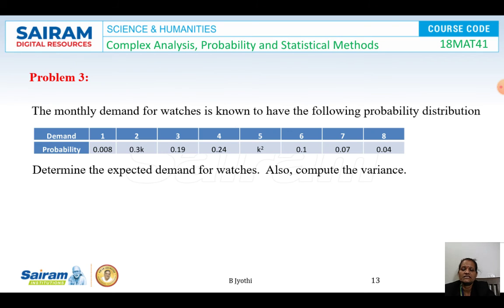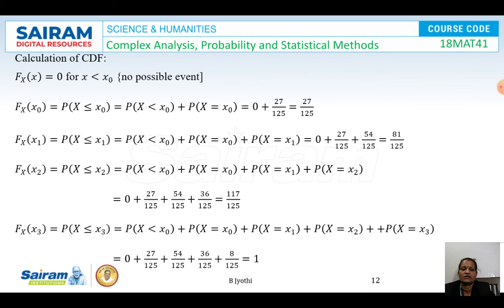Next one is for x3. So for x3 we add all these: 27 by 125, 54 by 125, 36 by 125 and 8 by 125, which gives us 1.